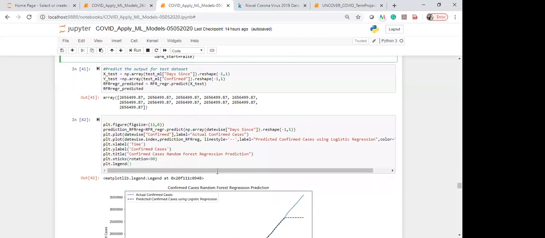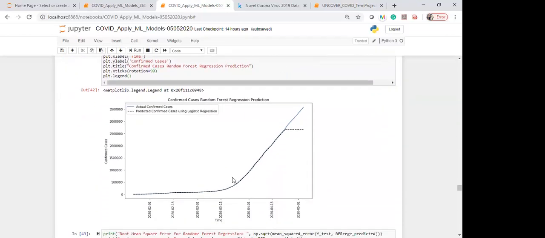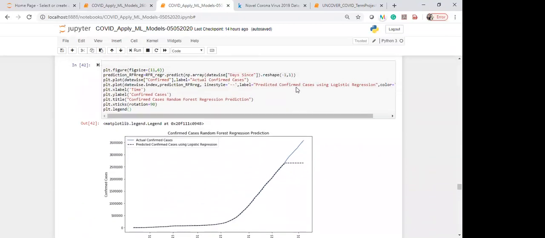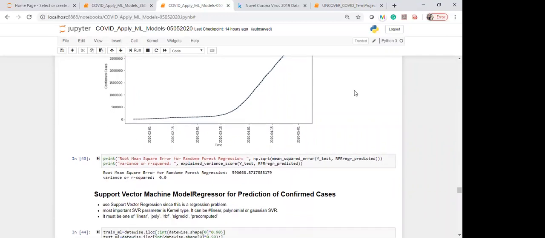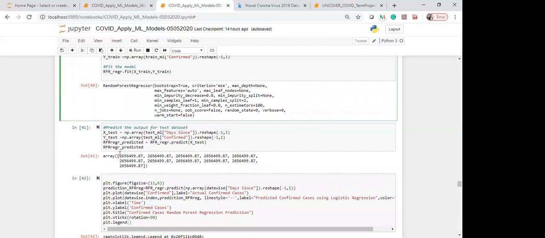It actually got trained well, but to my surprise, it did not predict well. When I predicted all the numbers, it's just a straight line. I am still figuring out why it predicted the same number for the next 14 days.